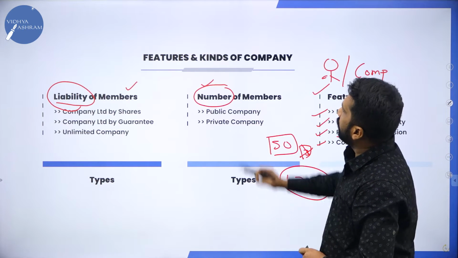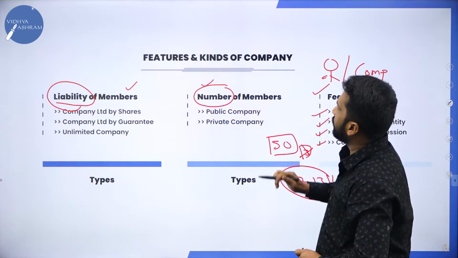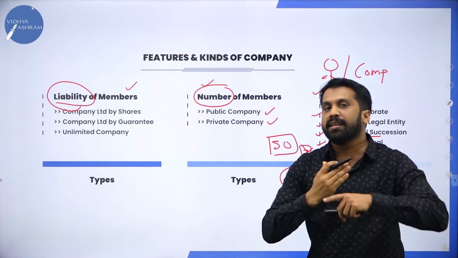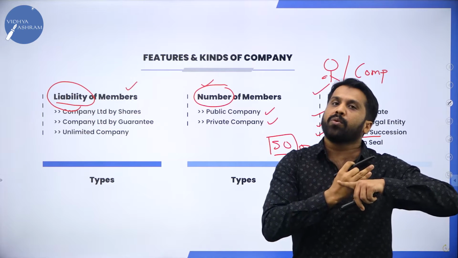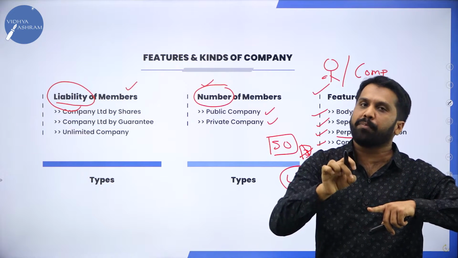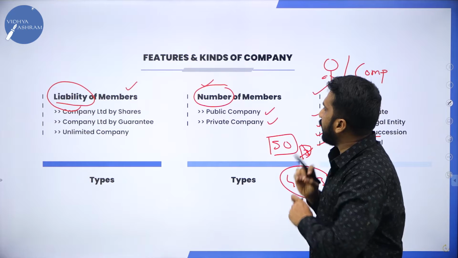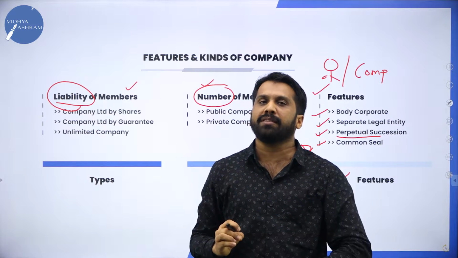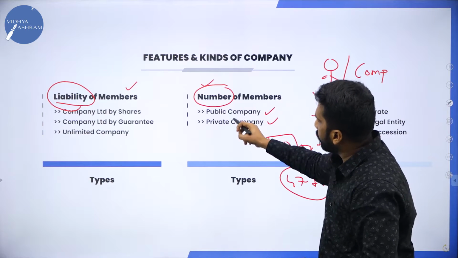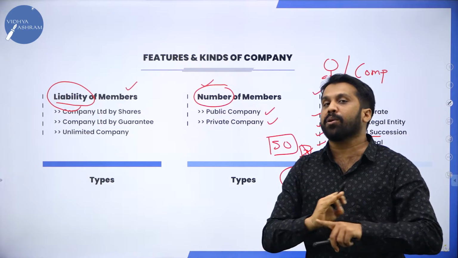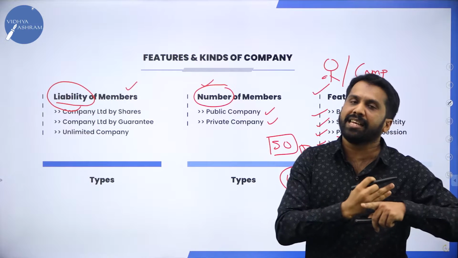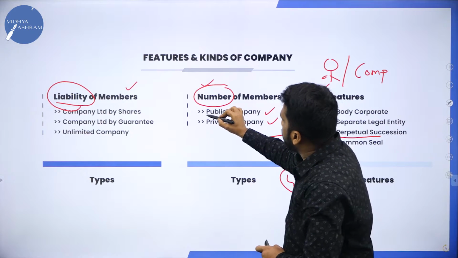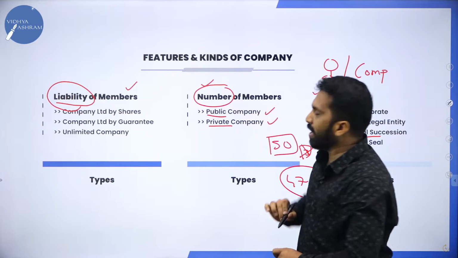So the types of company under this, you have public as well as private. Again, this is also one of the important topics, but for your examination, they will ask you how many types in company. So you have to mention only 2. In detail, not required. But I'll give you brief information about these things. Public as well as private.